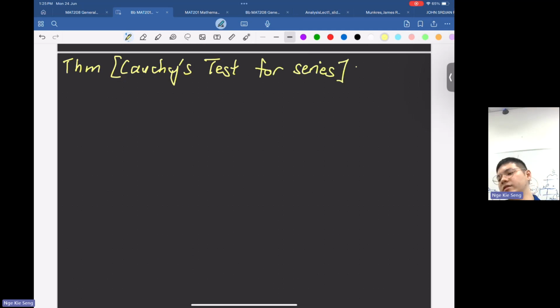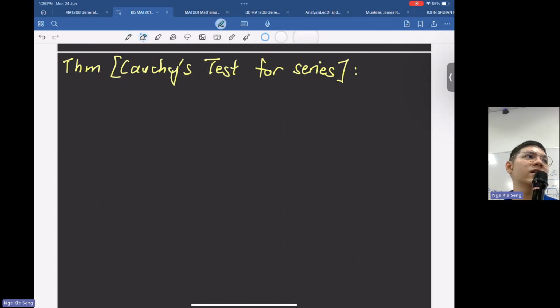For this Cauchy test for series, you should remember the Cauchy criterion for sequences. What is the Cauchy criterion for sequences? A sequence is convergent if and only if it is Cauchy. What does Cauchy mean? For every epsilon greater than 0, there exists an N such that for any two terms beyond N, for m, n greater than N, the absolute value of a_m minus a_n is less than epsilon.